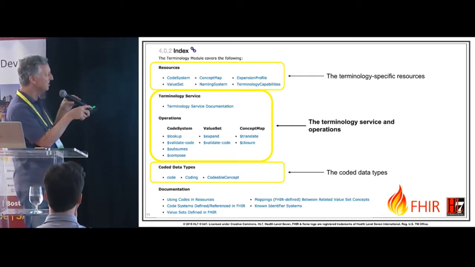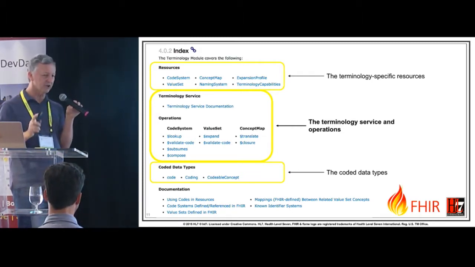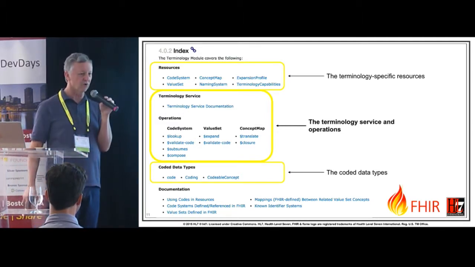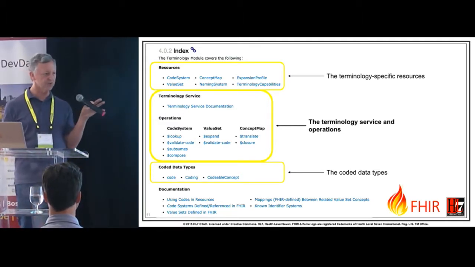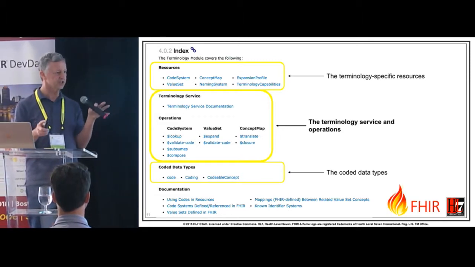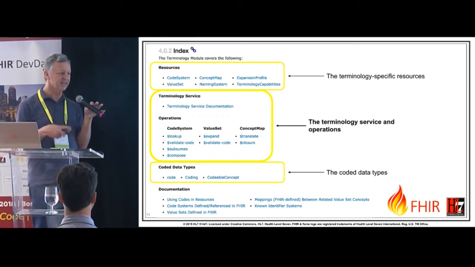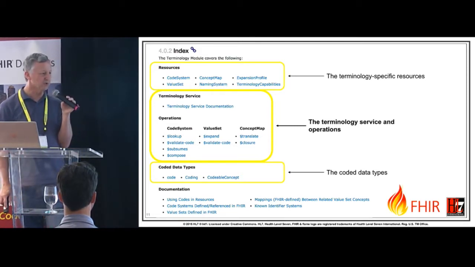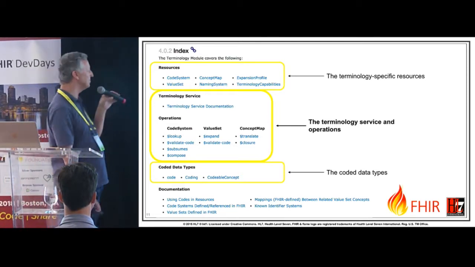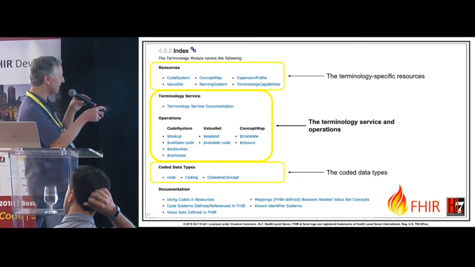I'm probably going to go back and forth between singular and plural here, because we really have the notion of there being a terminology service in FHIR that includes all of this stuff, but we tend to think of these things as individual things, so I'll often speak of it in the plural as terminology services, and probably most people will end up doing that as well.